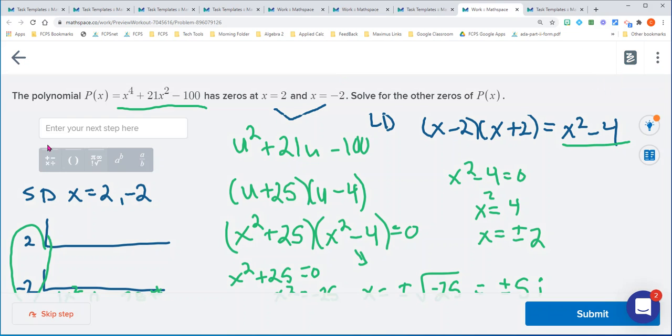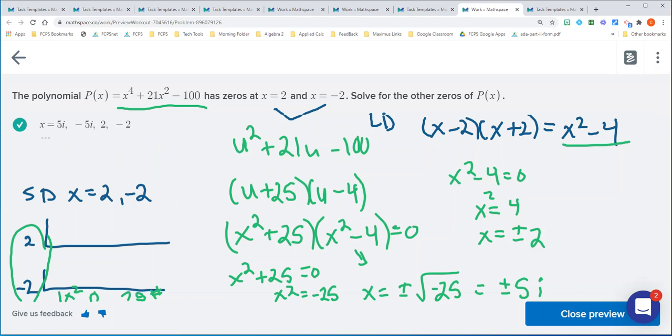All right, so let's go ahead and type them. It says next step. Guys, it doesn't matter how you show the work. I would just do it on paper and then try to transfer the solution. Okay, let's see, I think I'm just going to type 5i minus 5i. 2 minus 2. Perfect.